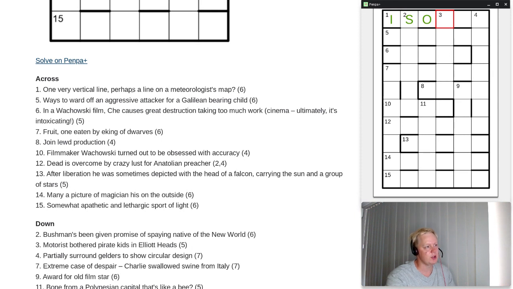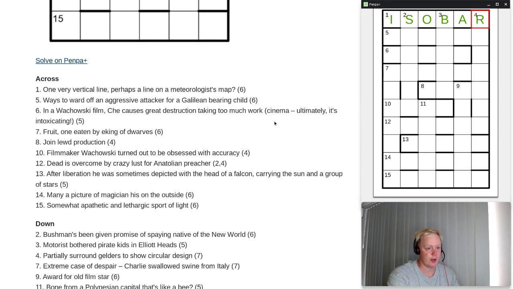No, actually, take that back. Vertical line perhaps is a bar, because a bar doesn't have to be vertical. A vertical bar is a vertical line. So vertical line is an example of a bar. And a line on a meteorologist's map is isobar. It's those lines that mark constant pressure on a weather map. So isobar is the answer here.